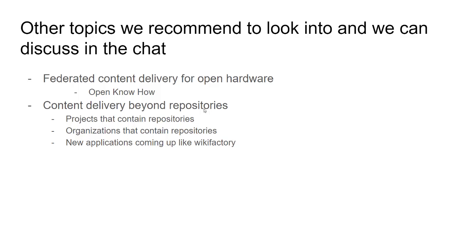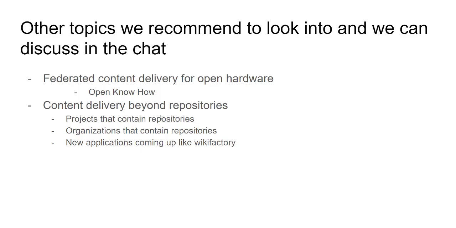I also think it's good to think about other applications coming up, like Wikifactory, or solutions where you could do something like Wikifactory for your own context. I'm thinking, for instance, about Auto DIY, where you might want to have variants of your project and also document those variants.